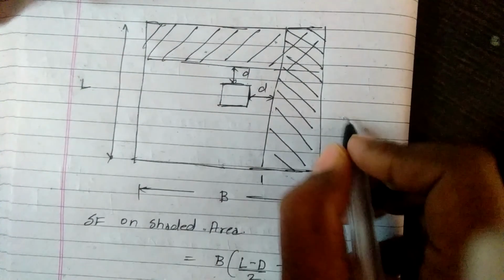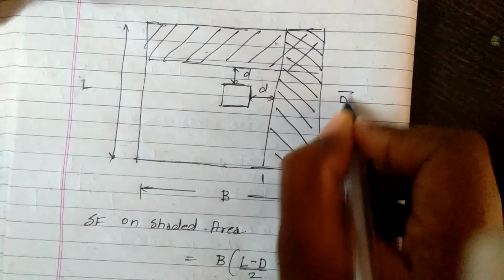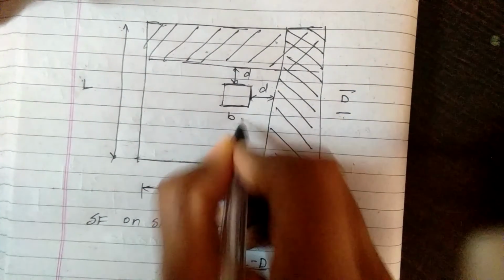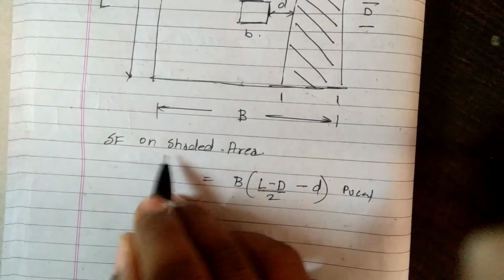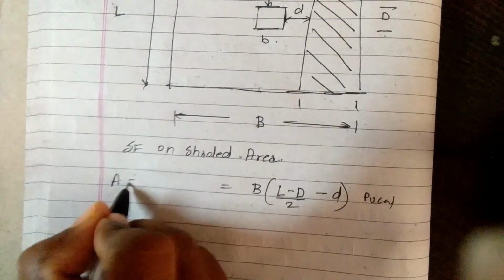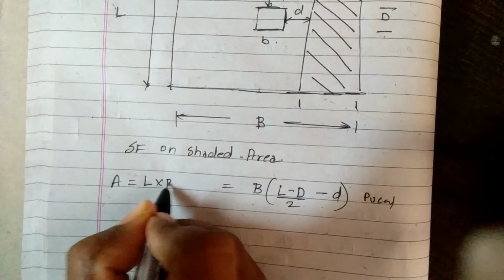Now see, this is D and this is d. While calculating the area, it is equal to length into breadth. Okay, right, same principle.